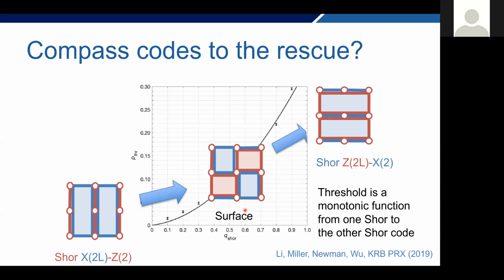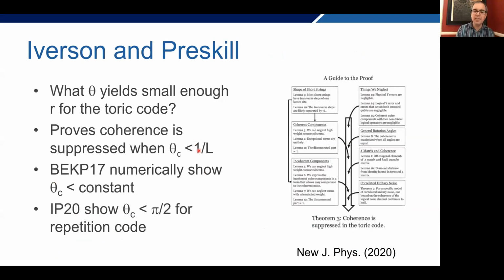Sorry, but Ken, isn't that potentially an artifact of the proof in the Iverson and Preskill paper? Oh yeah, this bound is not strict for sure. They show that it's sufficient when that happens, but they don't show that it's necessary. That's right.